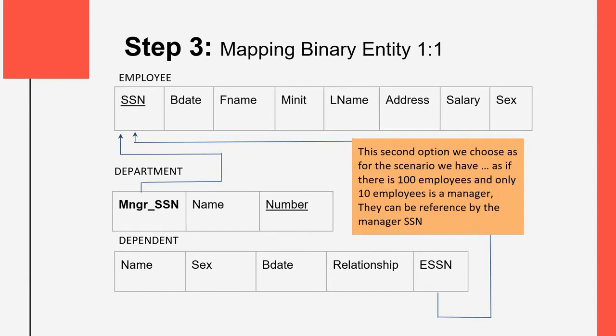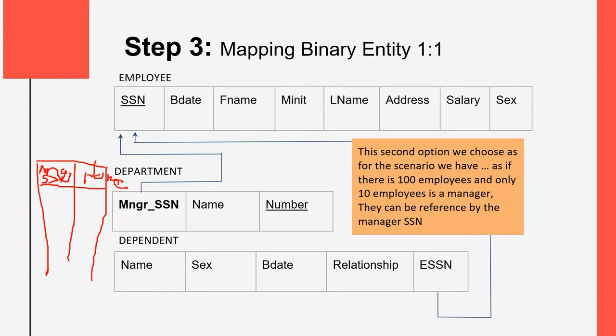So let's see what it will look like if the department has the foreign key. We have a manager, MNGRSSN, and we have the name, the department name.